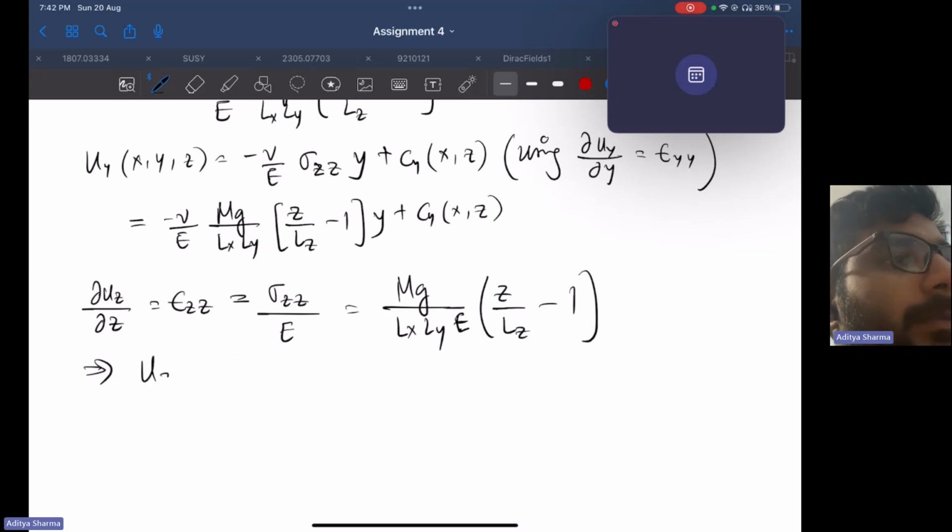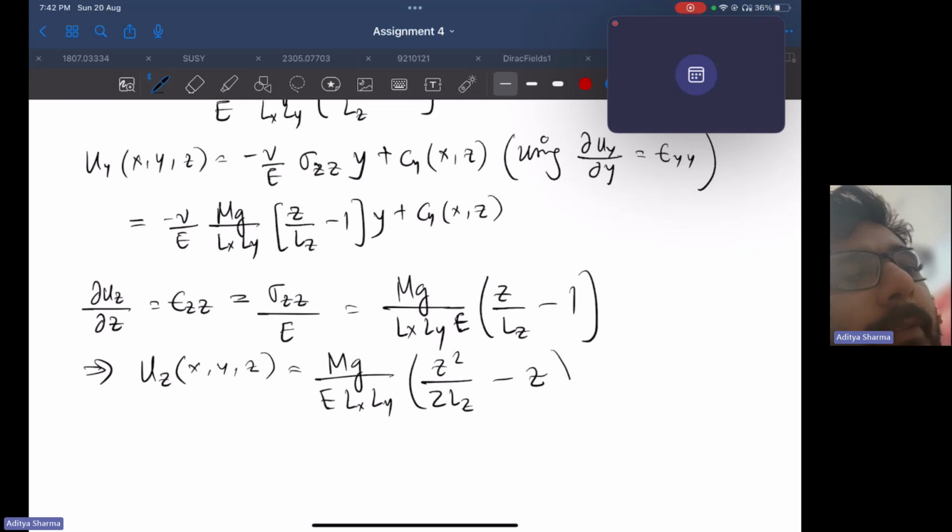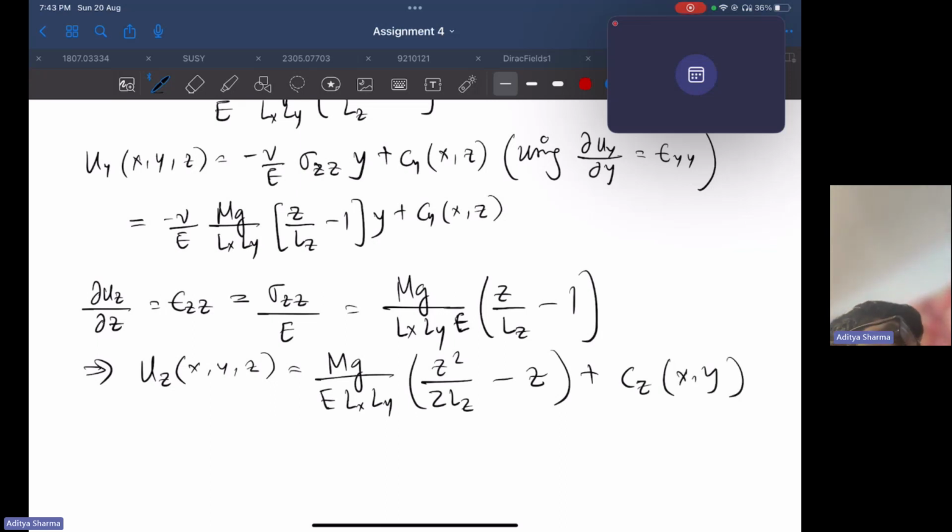So Uz is equal to mg by E Lx Ly, z squared by 2Lz minus z, plus Cz. So this is what is there.